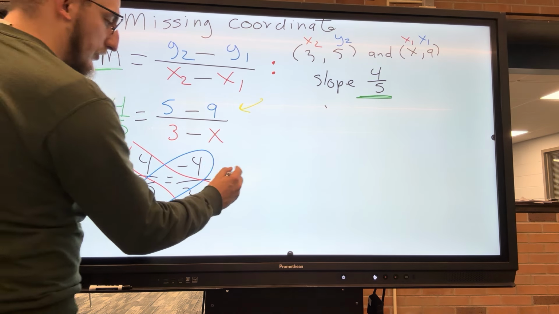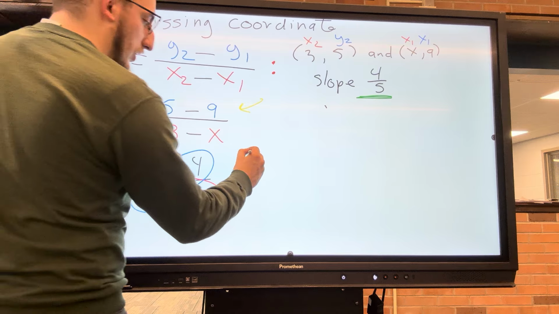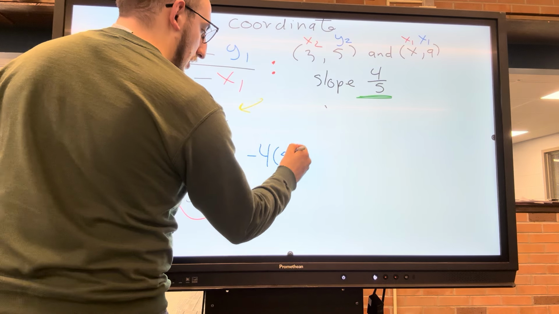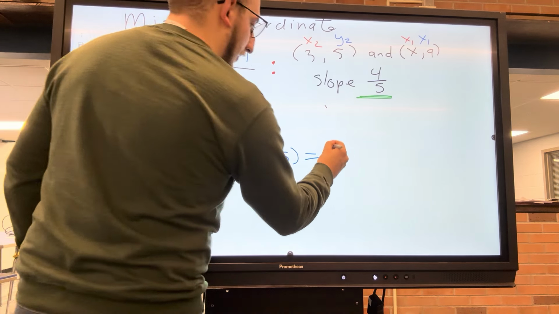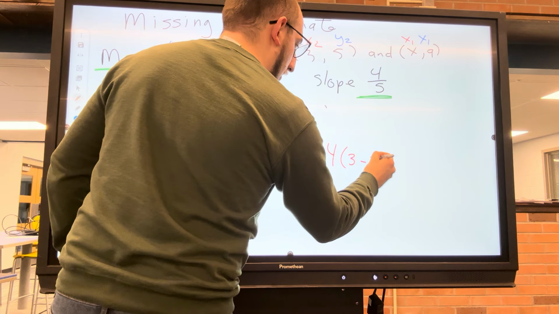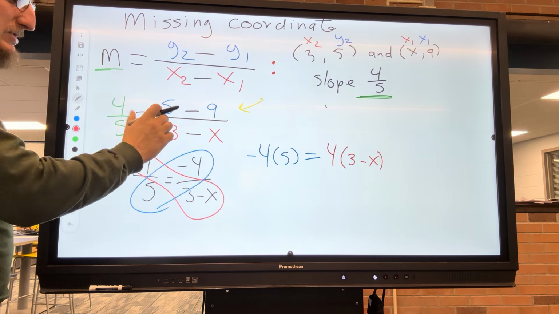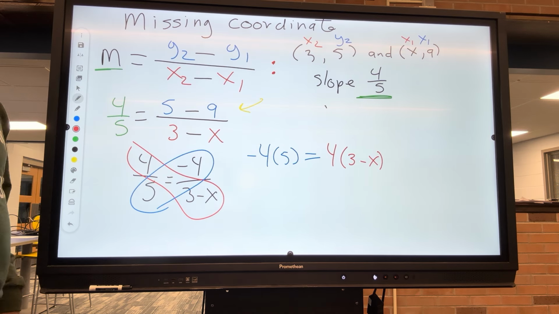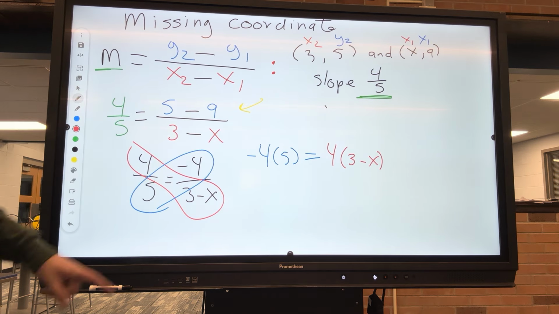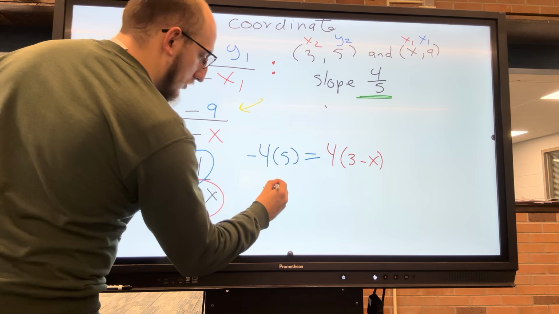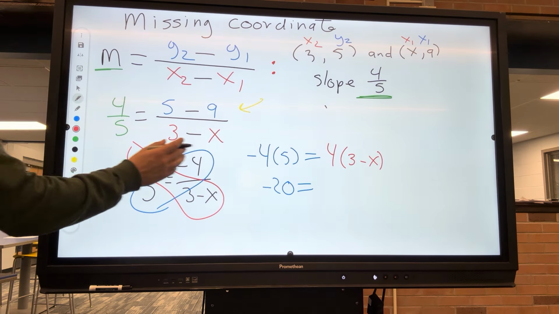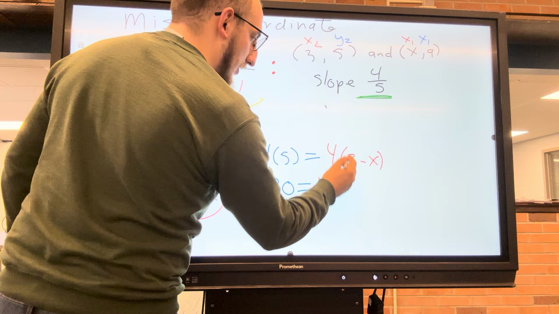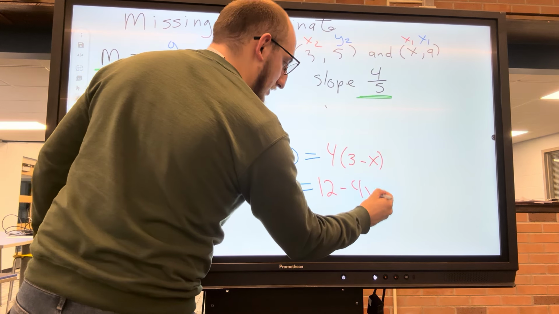So I'm going to write 5 times negative 4, or negative 4 times 5, equals my other side, 4 times 3 minus x, because it's 4 times the quantity that's down here. And now we can just simplify that. What is negative 4 times 5? Negative 20 equals, and on the other side, 4 times 3 is 12. 4 times negative x is negative 4x.